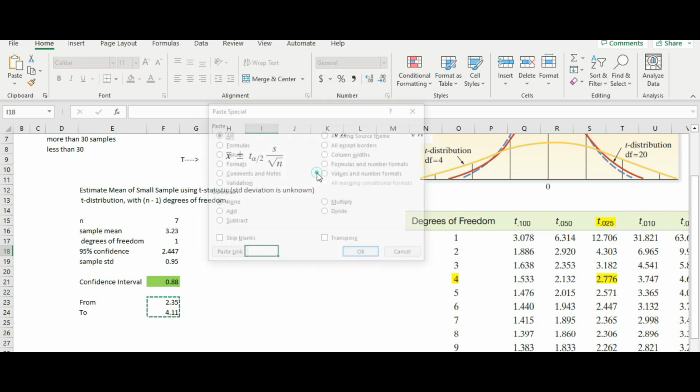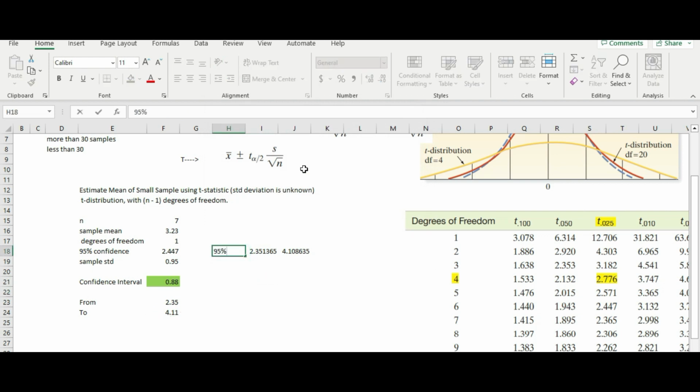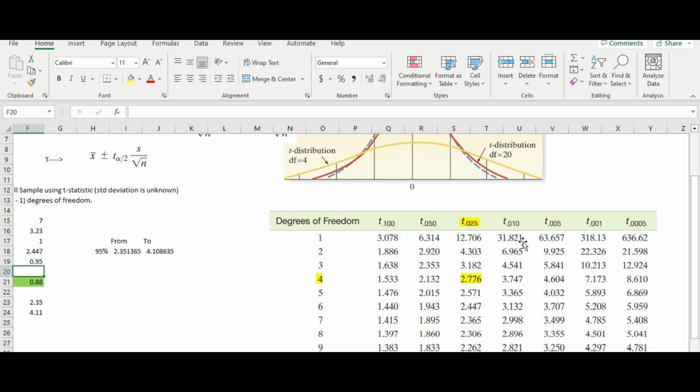This is for 95%, with the from and to limits. For another example, with 6 degrees of freedom, this time it is not 95% but 98%: 0.01 times 2 is 0.02, so this is a 98% confidence level.